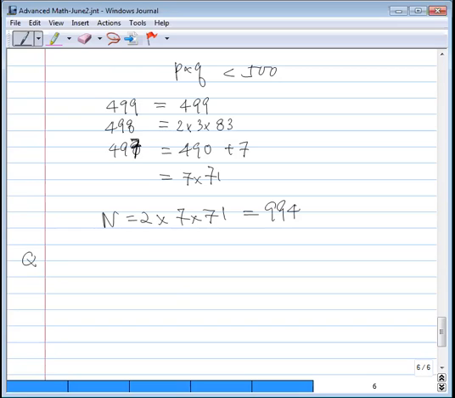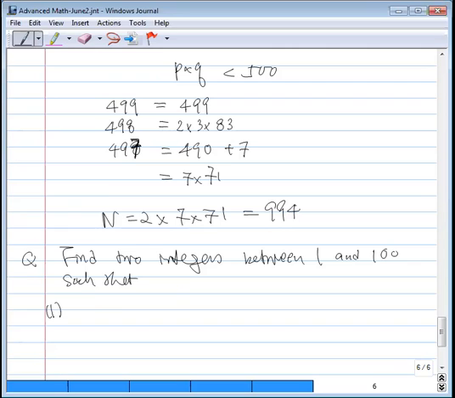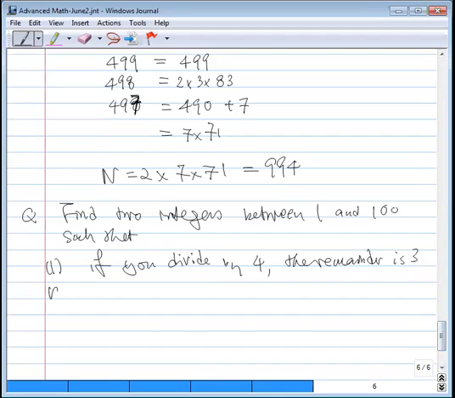pretty complicated here. So find the two integers between 1 and 100 such that: 1. If you divide by 4, the remainder is 3.